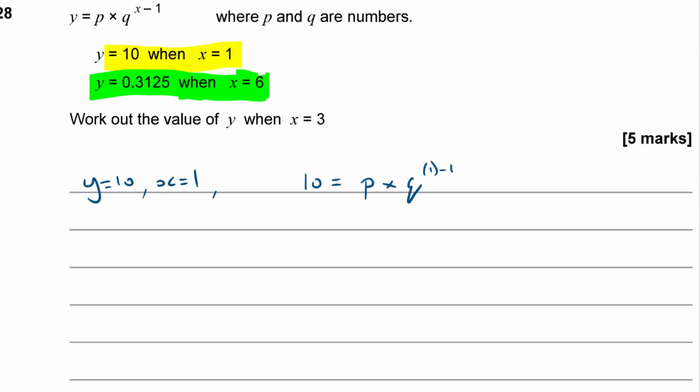So 1 minus 1 is 0, and anything raised to the power of 0 is 1. In other words, oh, we're not going to have to solve these simultaneously, really, are we? No, that's just dropped away. q to the power 0 is 1, and p times 1 is just p. So that means that 10 is equal to p.